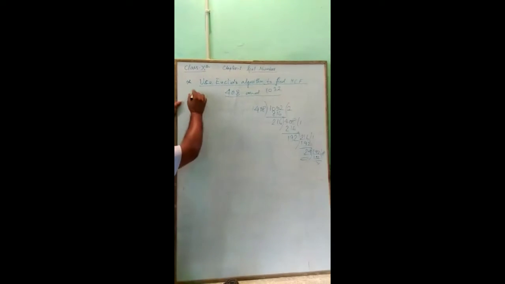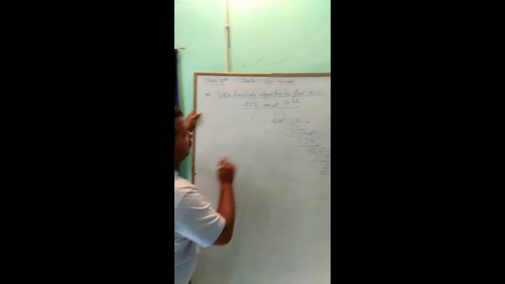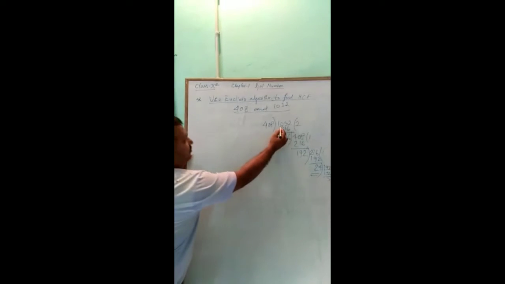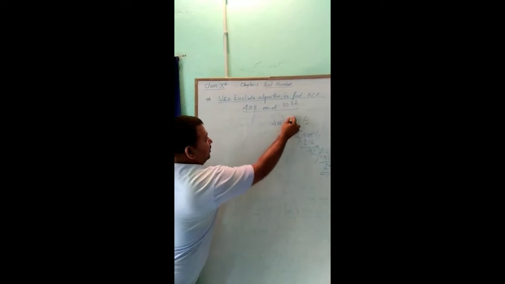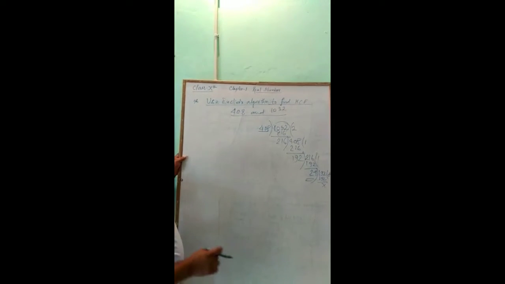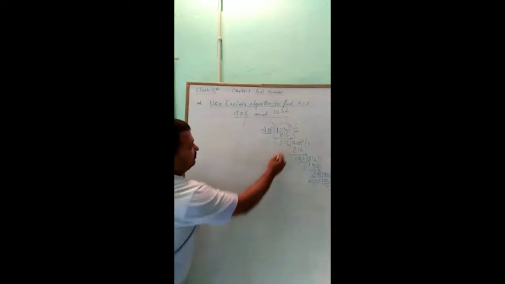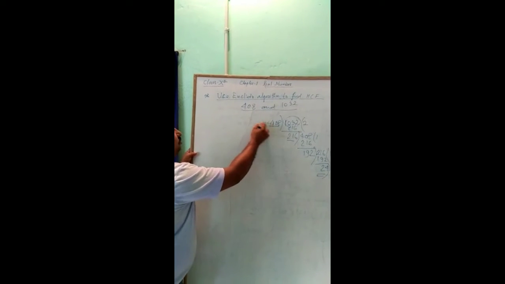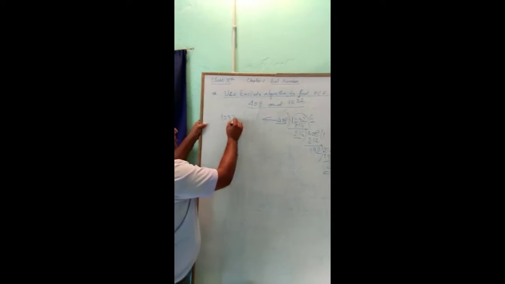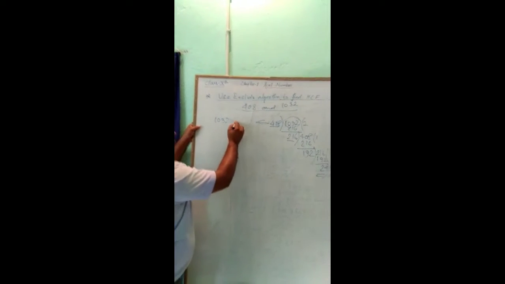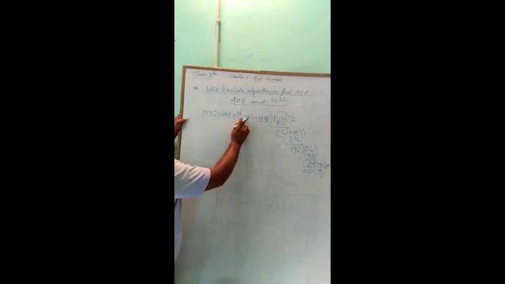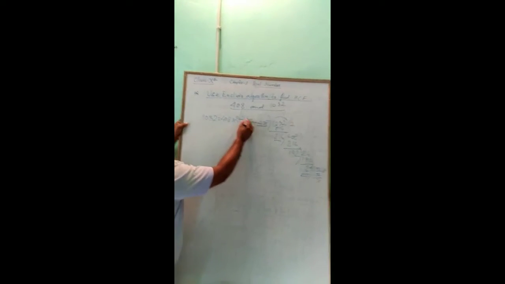Now use the Euclid's algorithm. We can write here by dividing 1032 by 408. According to that, we can write here 1032 is equal to 408 into 2 plus 216.